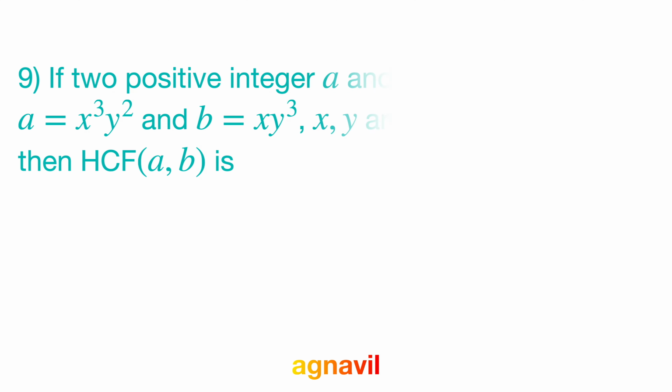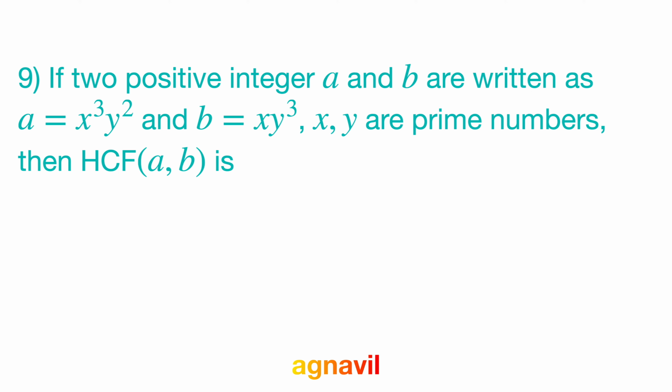If two positive integers a and b are written as a equal to x cube y square and b equal to x y cube, where x and y are prime numbers, then the HCF of a and b is. So it is a very simple problem. We are already supplied with the prime factorized form of a and b.